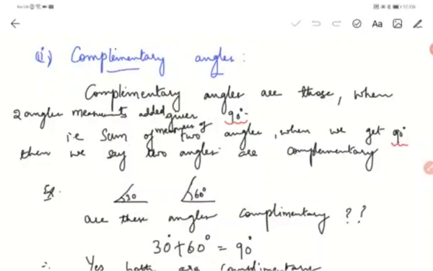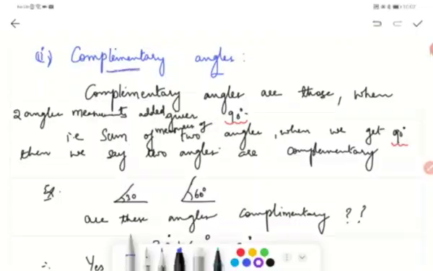Okay, so as I said in my last video, we are going to study related angles in this chapter, isn't it now? So, related angles, first type of angle you are going to study is complementary angle. Okay, when do you say the angles are complementary?